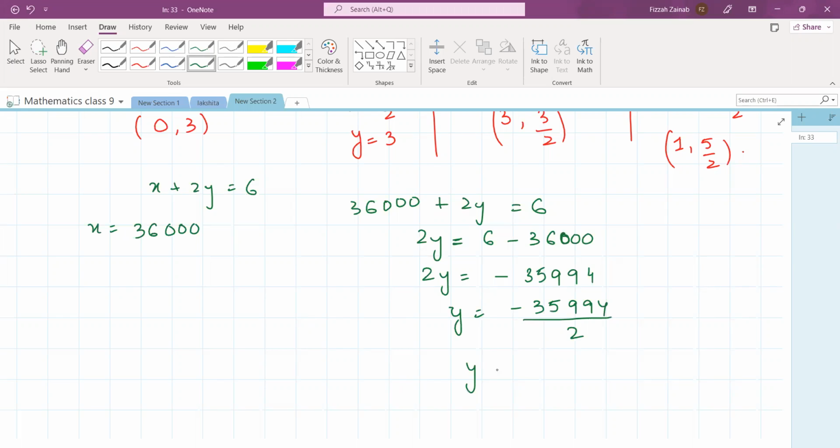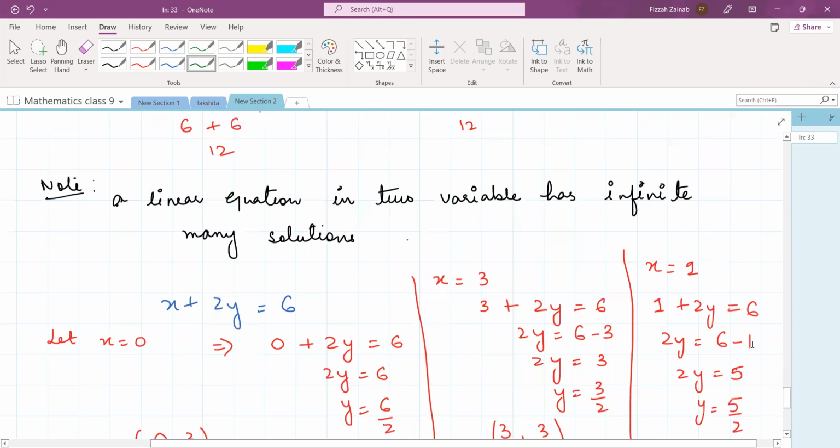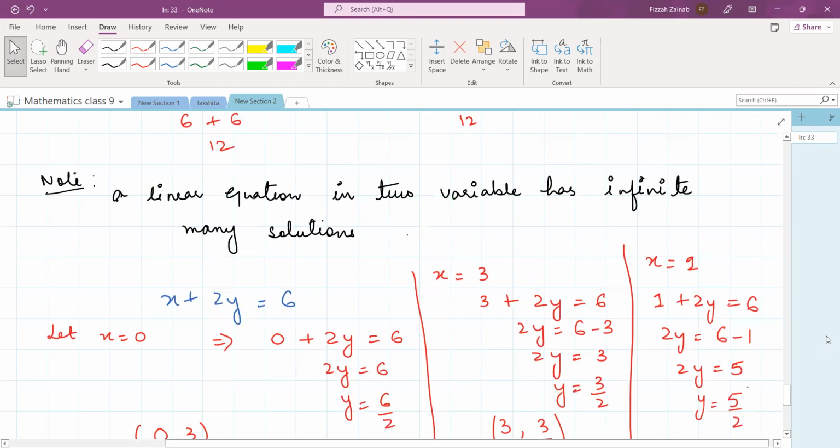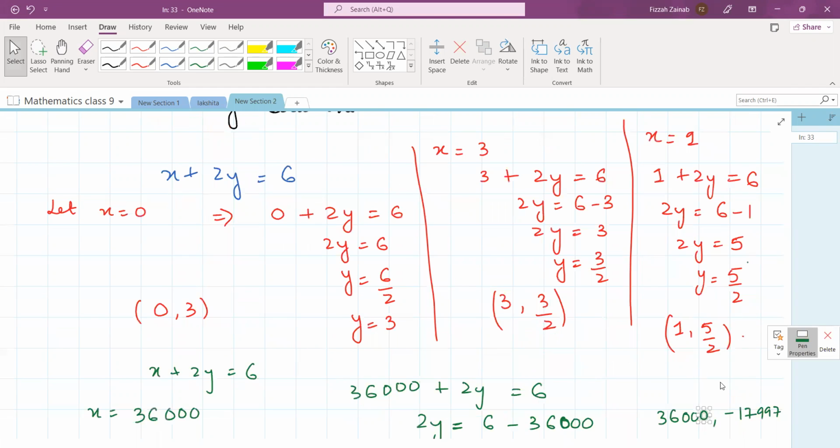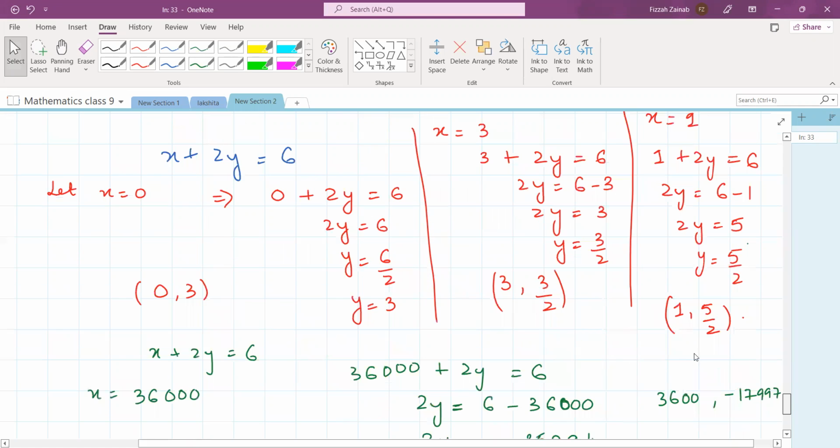Now you divide this by 2: 2 into 1 is 2, then 15, 2 into 7 is 14, then 19, 2 into 9 is 18, then 19 again, 2 into 9 is 18, and then 14, 7. So y is equal to minus 17997. So x is 36,000 and y is minus 17997 is another solution of this equation. That way you can put it. Anyway, let's come to the exercise now.